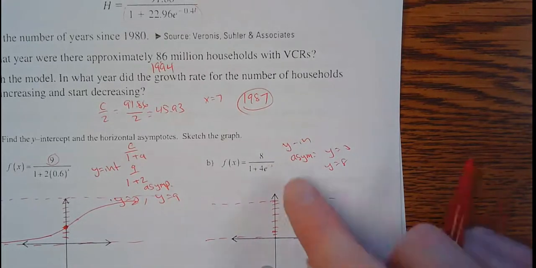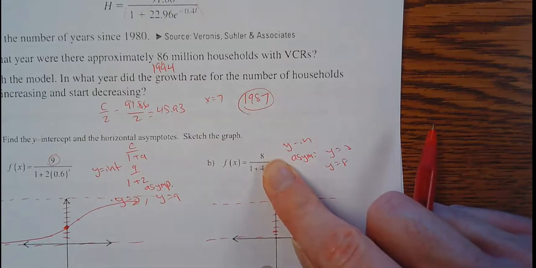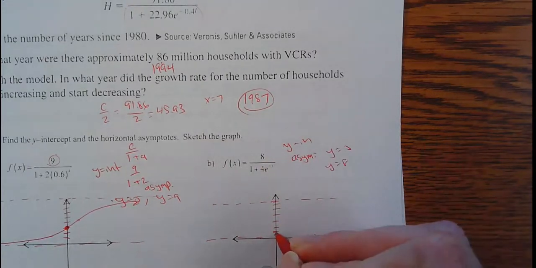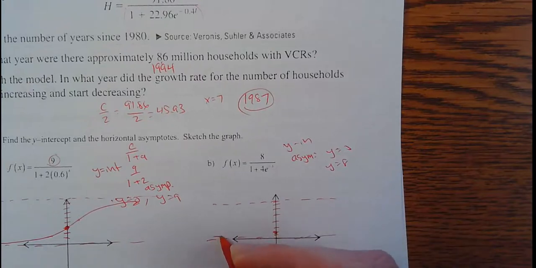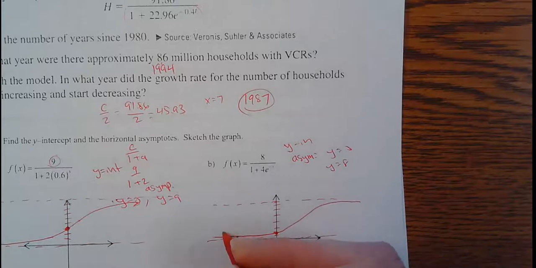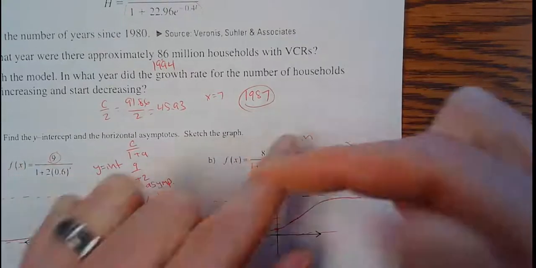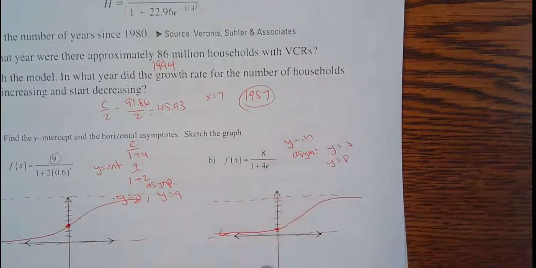And then the y-intercept, just cover that up. So 8 divided by 1 plus 4, 8 divided by 5. So 8 divided by 5 is between 1 and 2, so somewhere in here. Again, I'm really bad at making it look symmetrical, but if I took this fan blade and rotated it about some point somewhere in here, it should look the same on both sides.